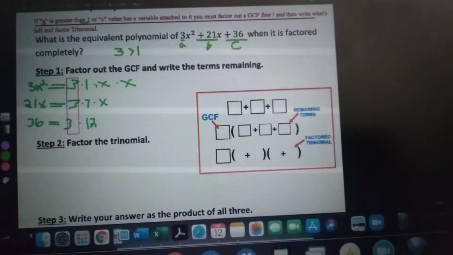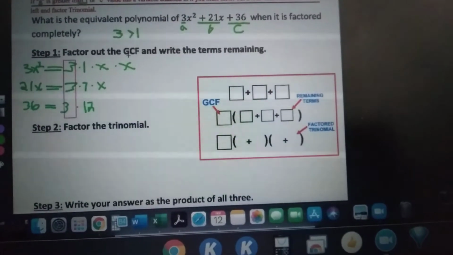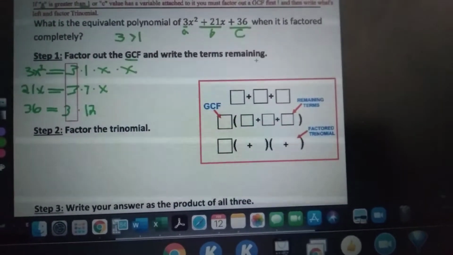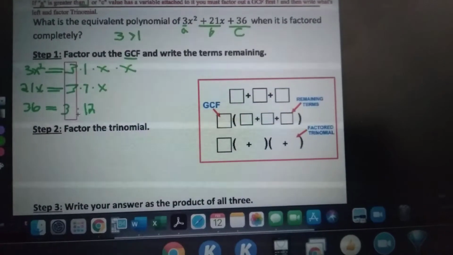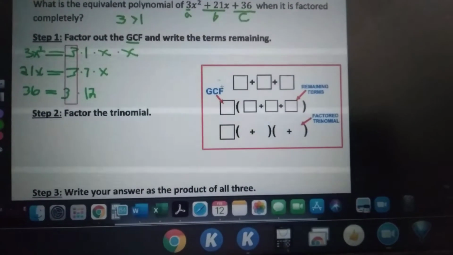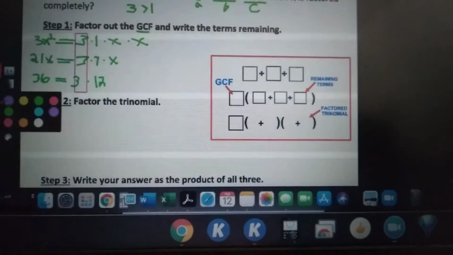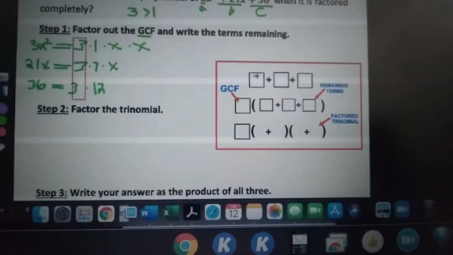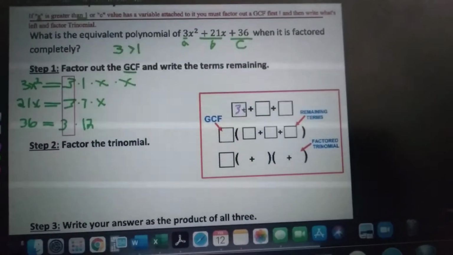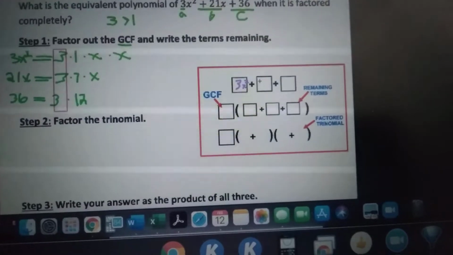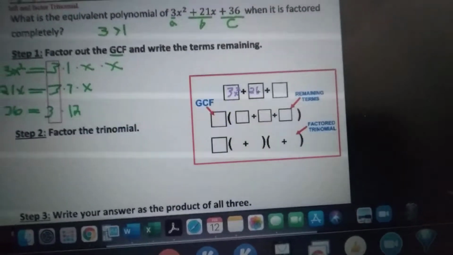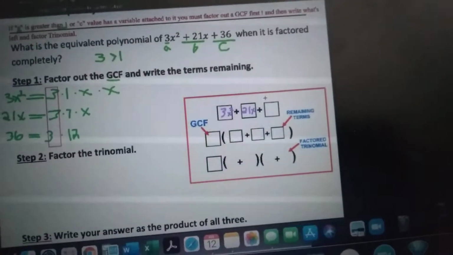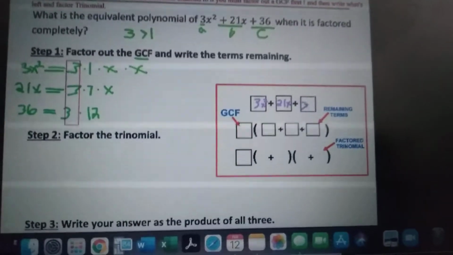So now I have to write what's left. It says factor out the GCF and write the terms remaining. Well, my GCF is 3. So let me write over here. Our problem was 3x squared plus 21x plus 36.